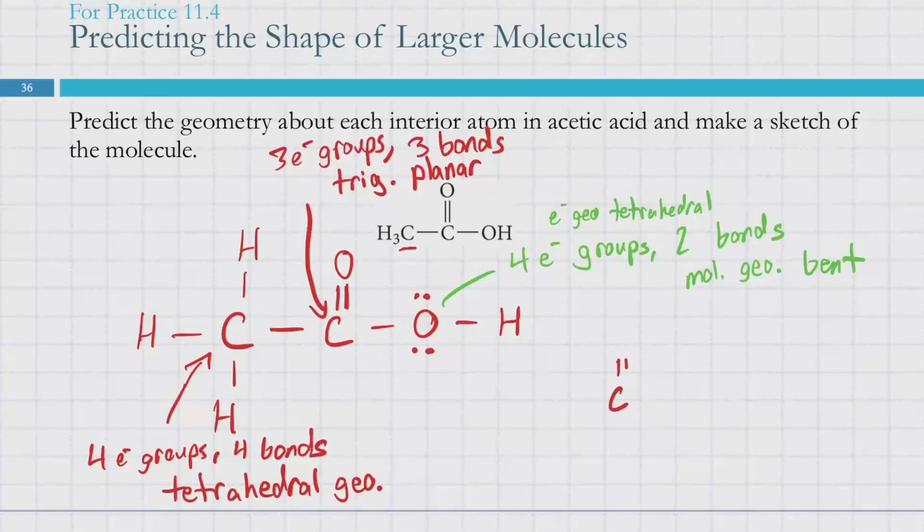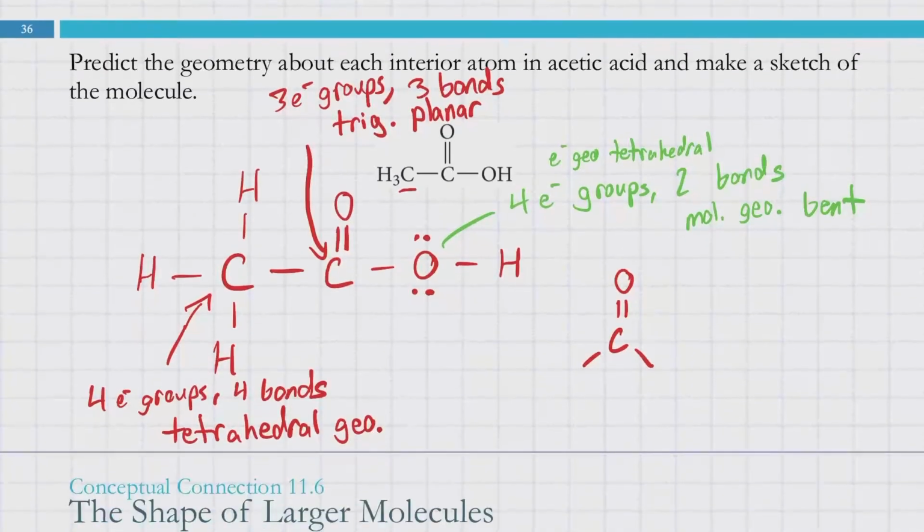And then to sketch the molecule, I'm going to start with the trigonal planar carbon. Trigonal planar is going to give us approximately 120-degree bond angles, so that would look something like this. On the right, we're going to have the oxygen. On the left, we're going to have the carbon. For the oxygen, we've got 3 possible options for where we can put our hydrogen. We've really got more.